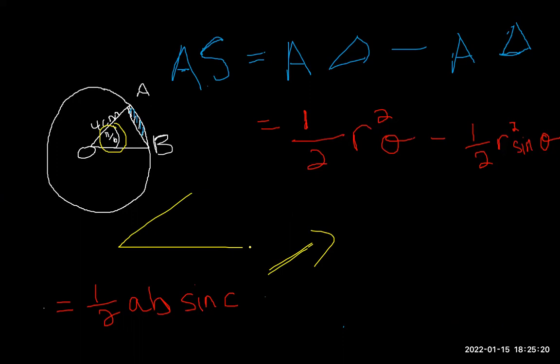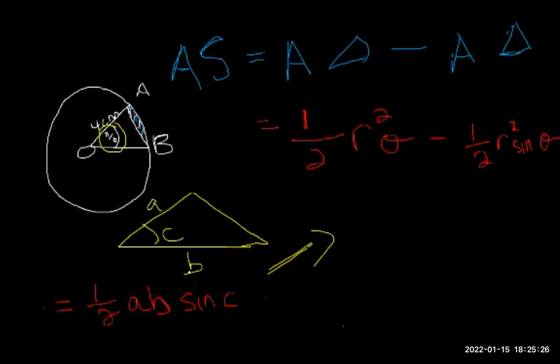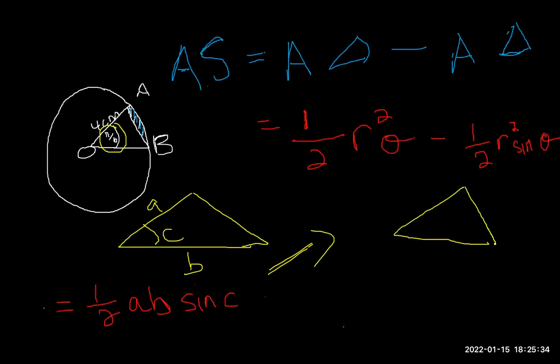Let me draw a triangle again. This is not a right angle triangle. I said this is C, this is A, and this is B. Look at this triangle now. This is not a right angle, right? So this is R, my radius. This is also R. And this angle here is theta.